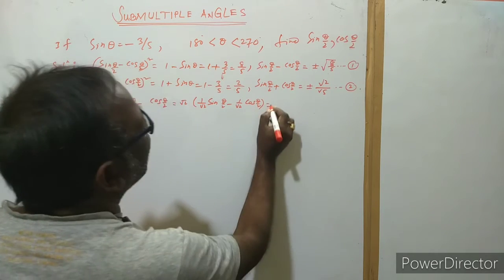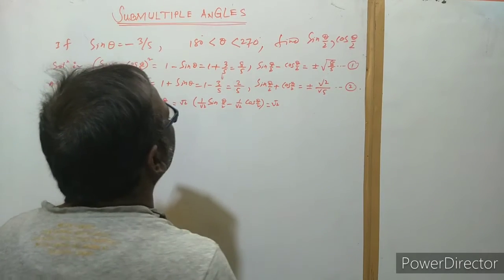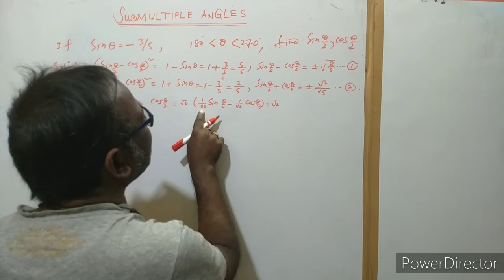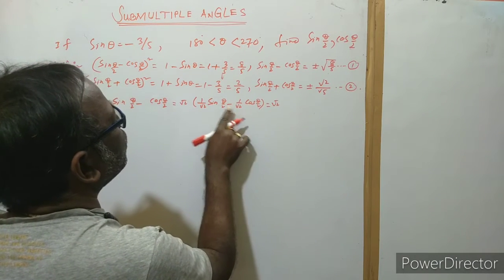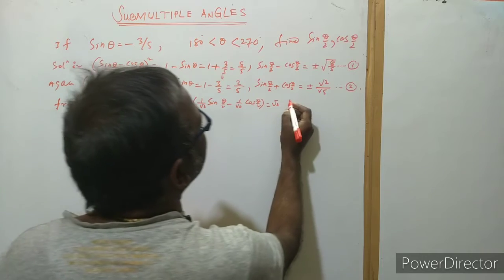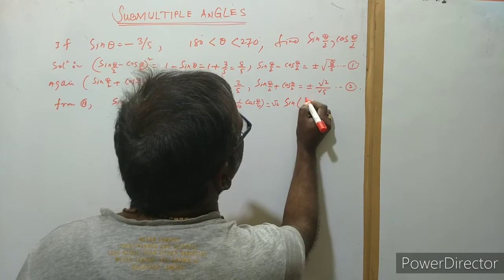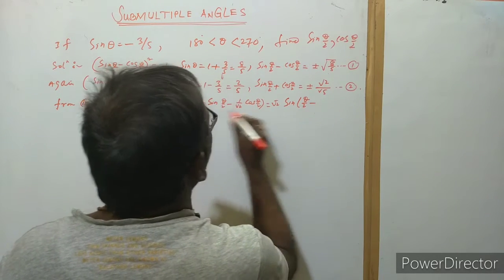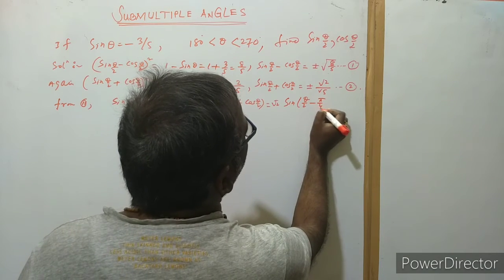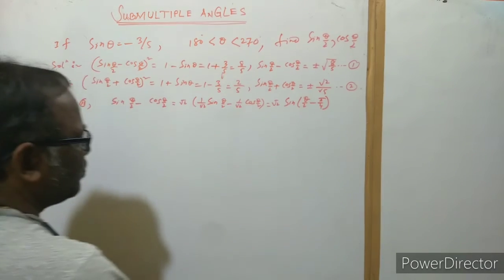It can be written as cos 45 and sine 45, so sine A cos B minus cos A sine B, which is theta by 2 minus pi by 4.